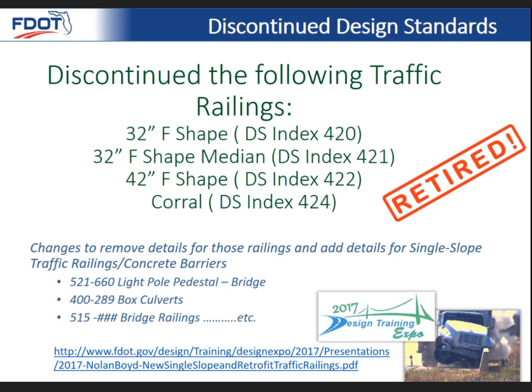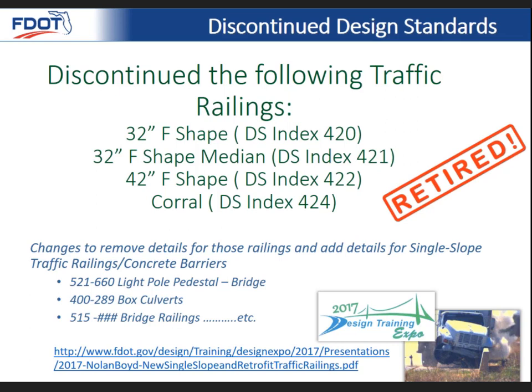So there were 3 index numbers that were deleted because of that, and then because of the MASH TL4 requirement, the corral railing was also retired since it did not meet the minimum height that we needed for TL4. We may look for a replacement for that. There's obviously a lot of work being done at the national level to get all the states up to speed on MASH, so stay tuned there.